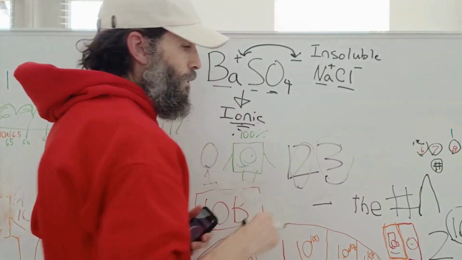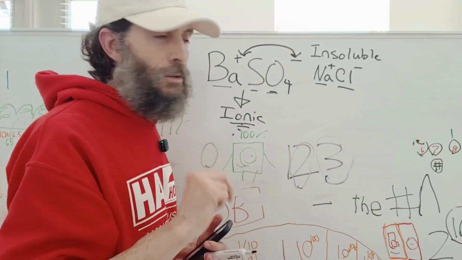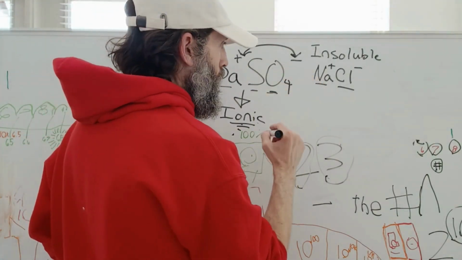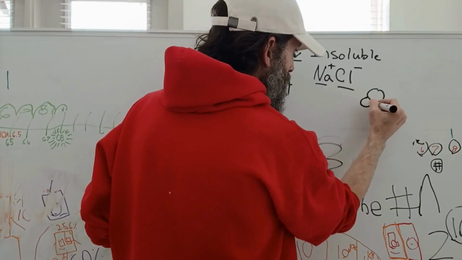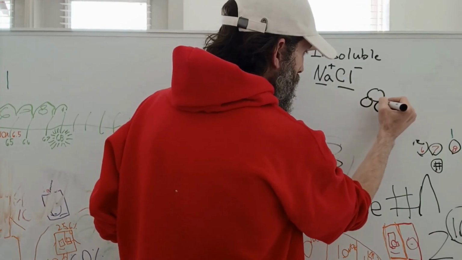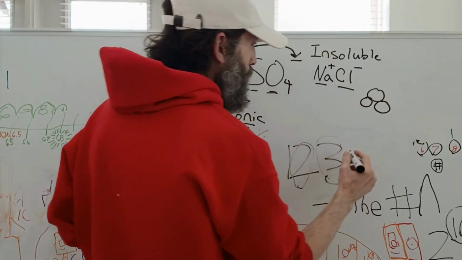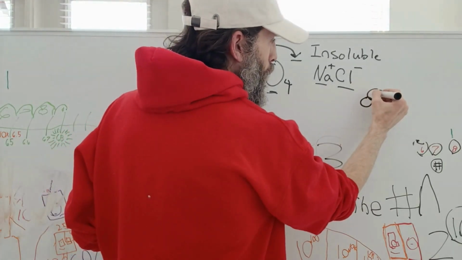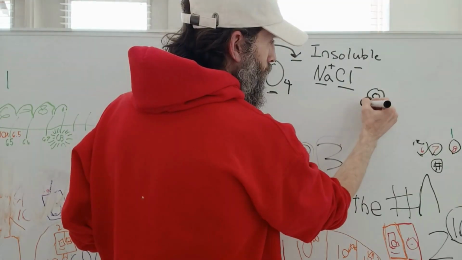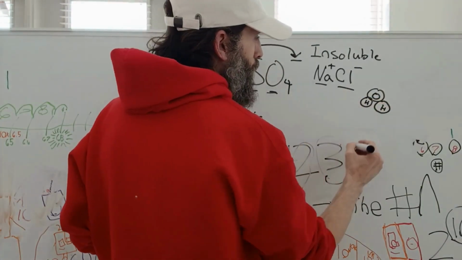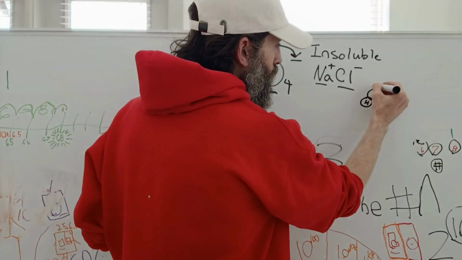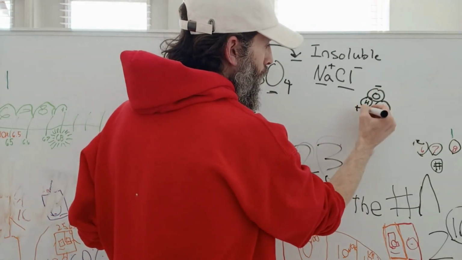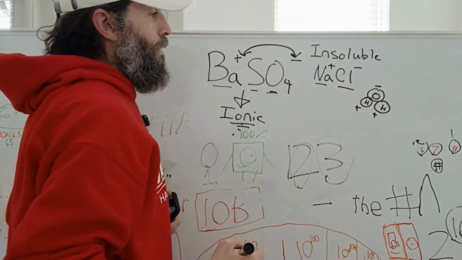However, if we put a little bit of salt into water, it is soluble. Now, if we draw a water molecule, this is not great. I'm not a very skilled artist here, but we're doing our best. That's like a water molecule. You have oxygen here, hydrogens here. Because of the type of bond in the water molecule, the oxygen tends to be more negative and the hydrogens are more positive.